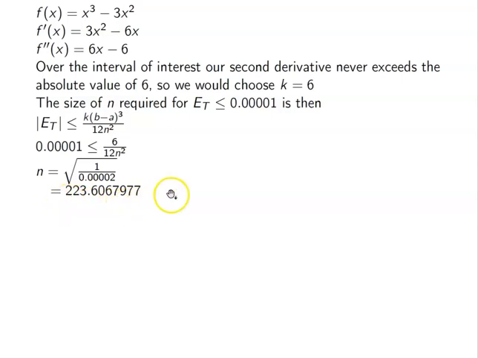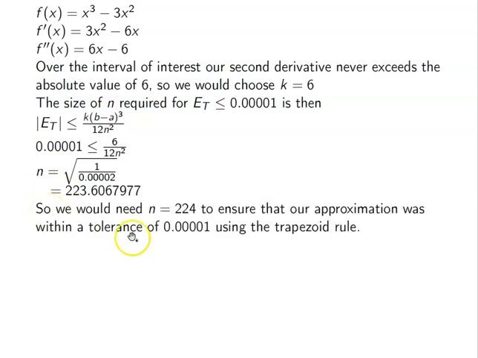When I plug these things in, I get 223.6067977. Now, that doesn't make sense for a value of n, because n is a whole number. So I don't round down. I have to go up, because I'm trying to be at least this accurate. I wouldn't say it's 223, because I would not be accurate enough. So I always round up if I need to. So n equals 224.